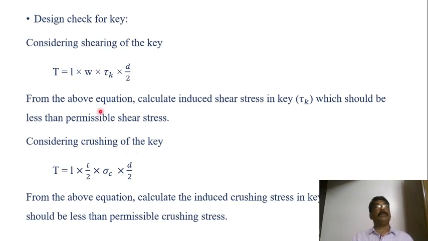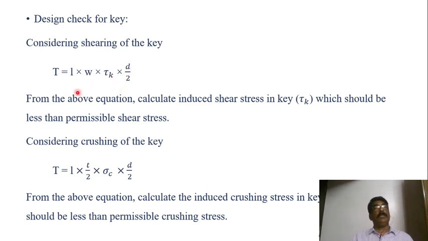Now let us do the design check for the key. First of all, considering the shearing of the key, because there will be two types of failures. One is the shearing of the key, another one is the crushing of the key. Now considering first the shearing of the key, we know that the torque transmitted T equals L into W into tau K into D by 2, where L is the length of the key, W is the width of the key, tau K is the shear stress induced in the key material, and D is the diameter of the shaft.